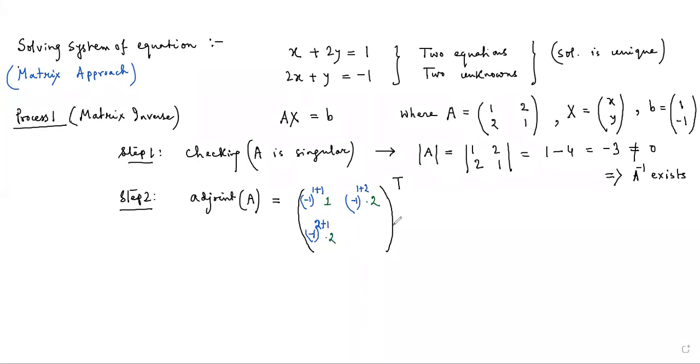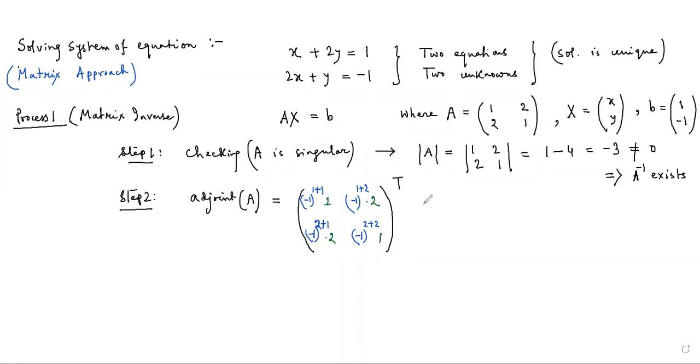And the last one will be the element 1, -1 to the power 2 plus 2, since the element 1 is occurring at second row and second column, and its minor will be that one. So it will be like this.